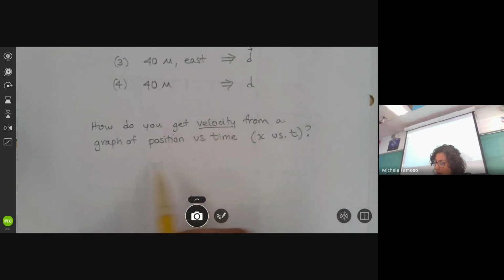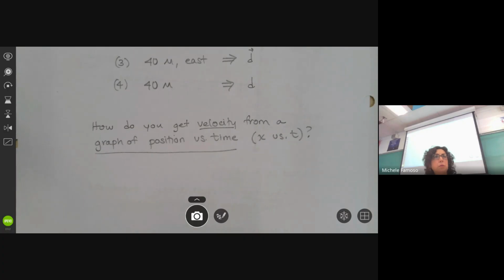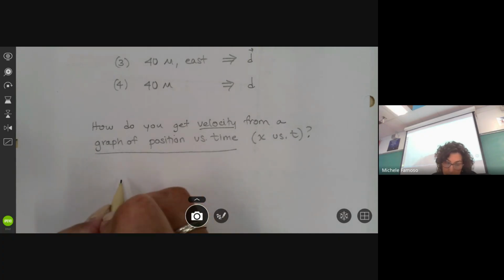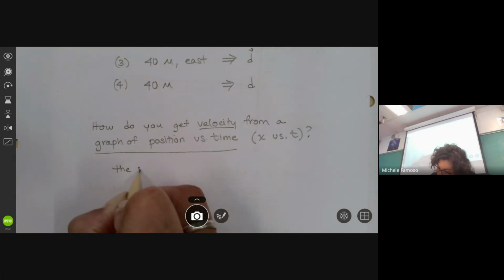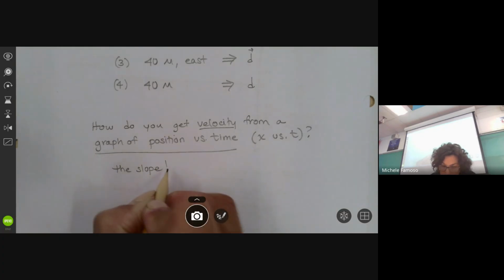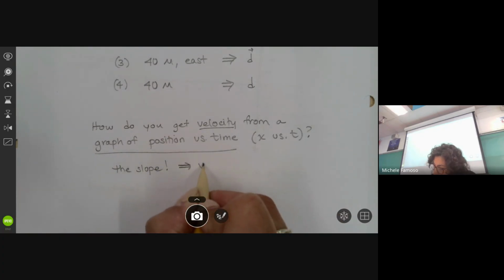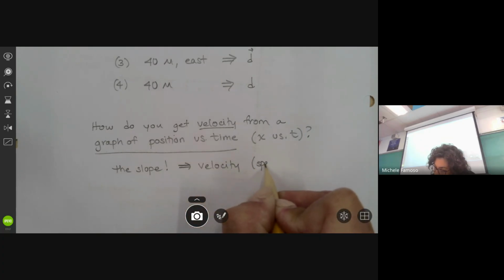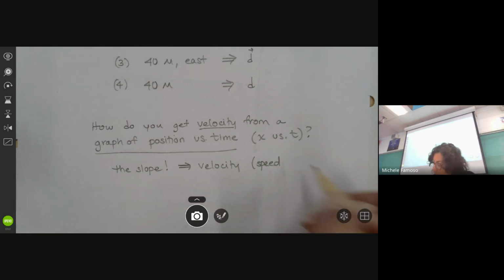So how do you get a velocity from the graph? We just did this in the lab. Do you remember what you're looking for on the graph to give you the velocity? The slope, that's right. So the slope is going to equal the velocity, which is going to tell us how fast you're moving, your speed, and the direction you're moving in.